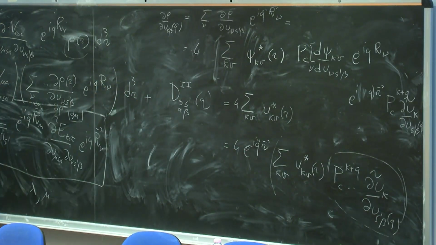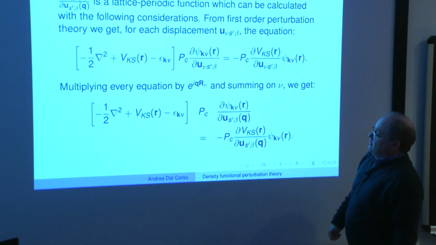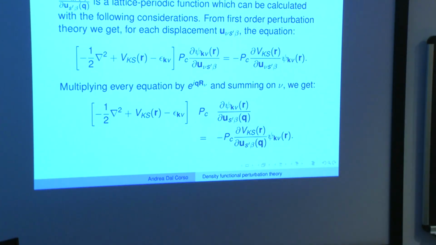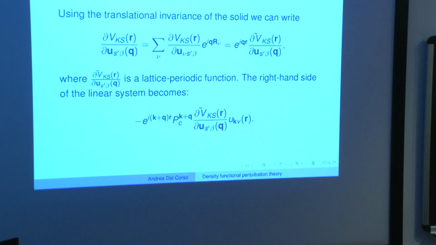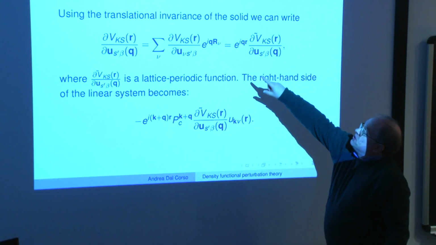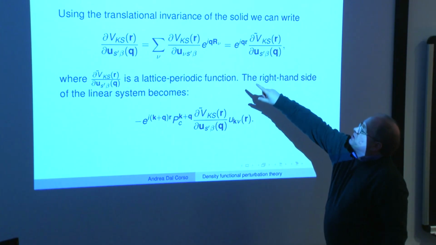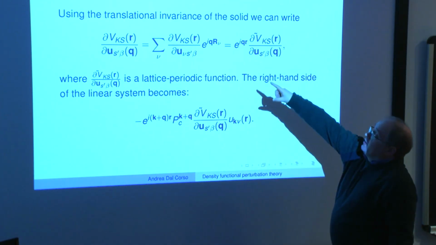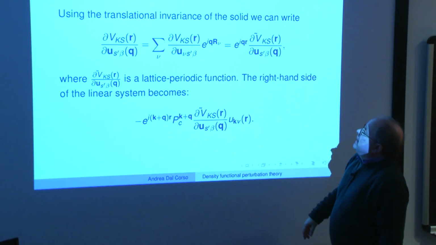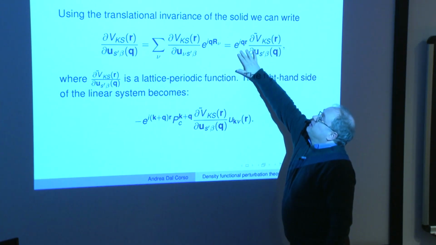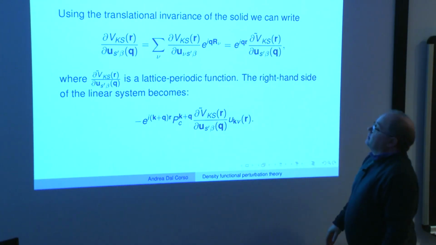And the only thing is to find what is the expression of the right-hand side here. So the expression of the right-hand side is dV Kohn-Sham of R, sum over nu, du nu S prime beta e to the i Q R. And since V Kohn-Sham is periodic with the periodicity of the lattice, with the same reasoning as before, it is a phase factor e to the i Q R multiplied by a periodic part.